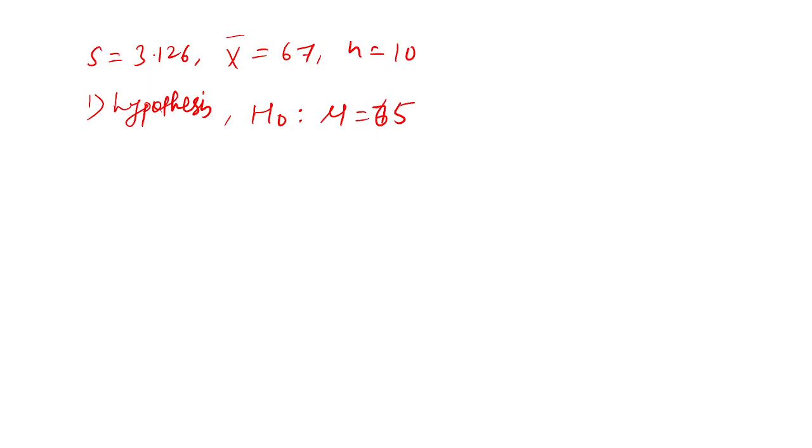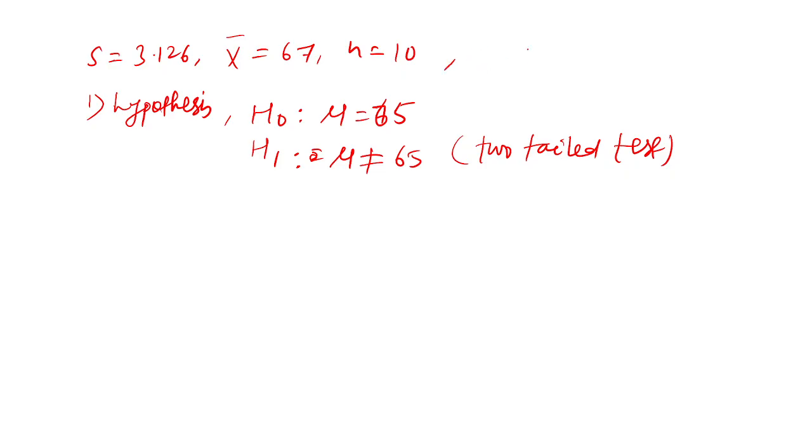Then what will be the alternate hypothesis? It's not going to be 65, so it becomes a two-tailed test, and take alpha is equal to 5%.